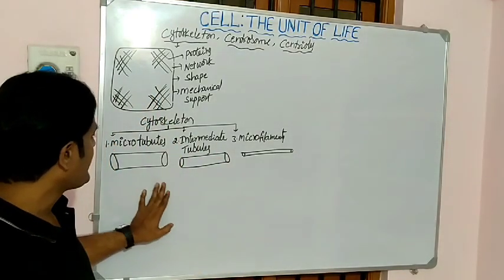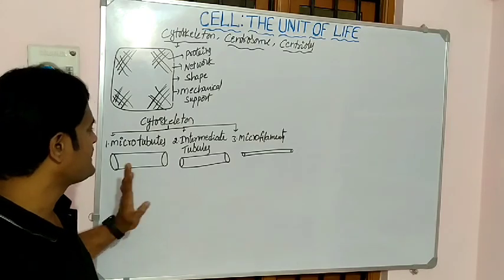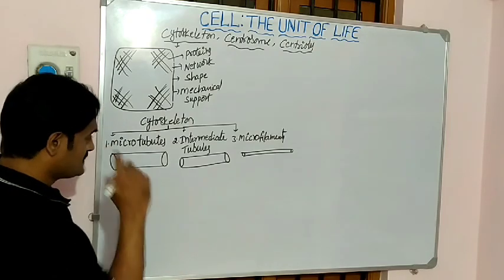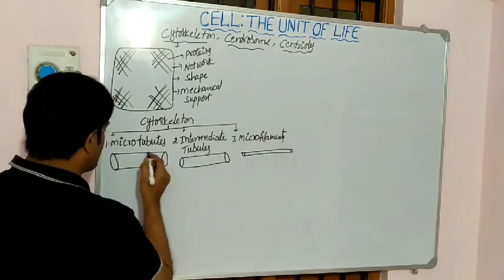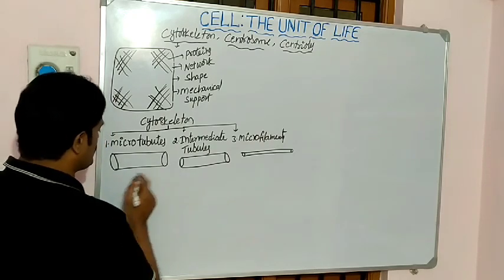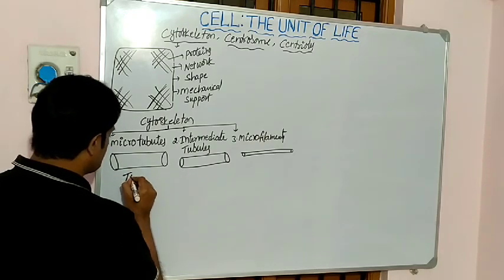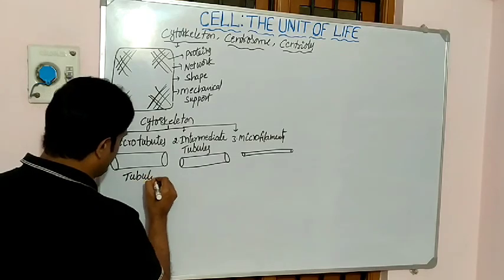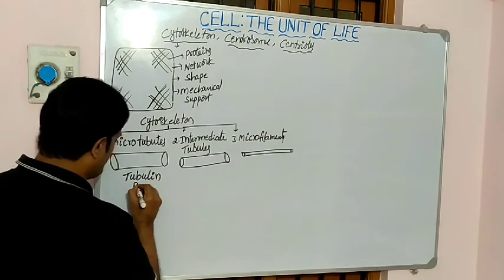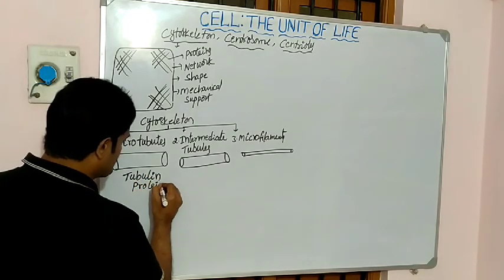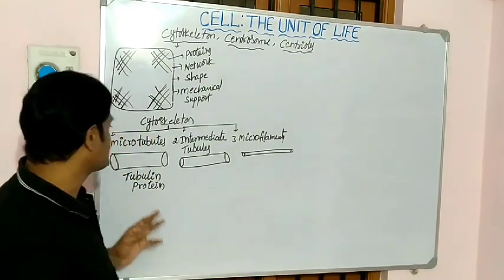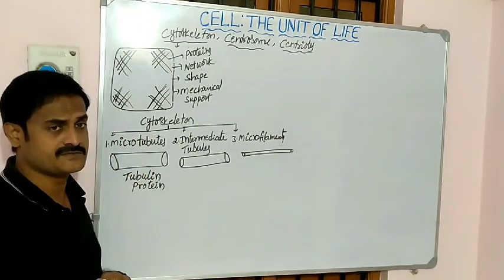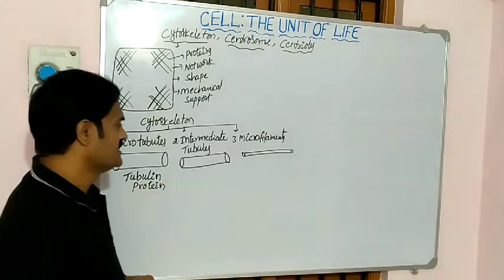Okay, here microtubules are very important. See, the microtubules consist of an important protein called tubulin protein. So, which protein is present in the microtubules? Tubulin.